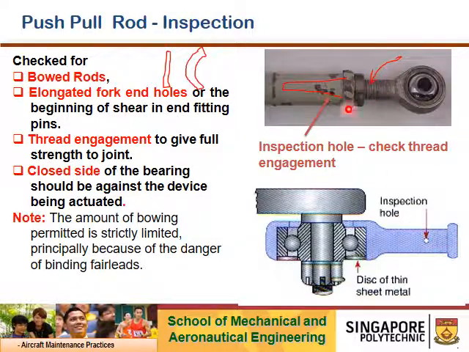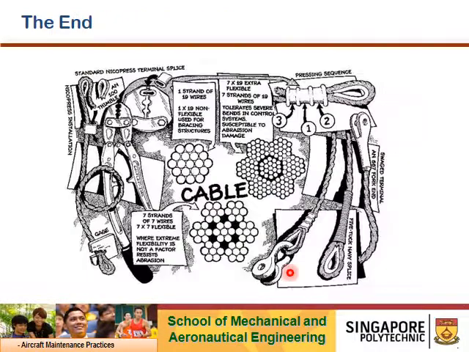So make sure the male threaded part of the rod end is engaged and passes through the inspection hole, so the number of threads engaged passes through, and this thing will not disintegrate. Okay, so we also will check the bearing, and the spring.